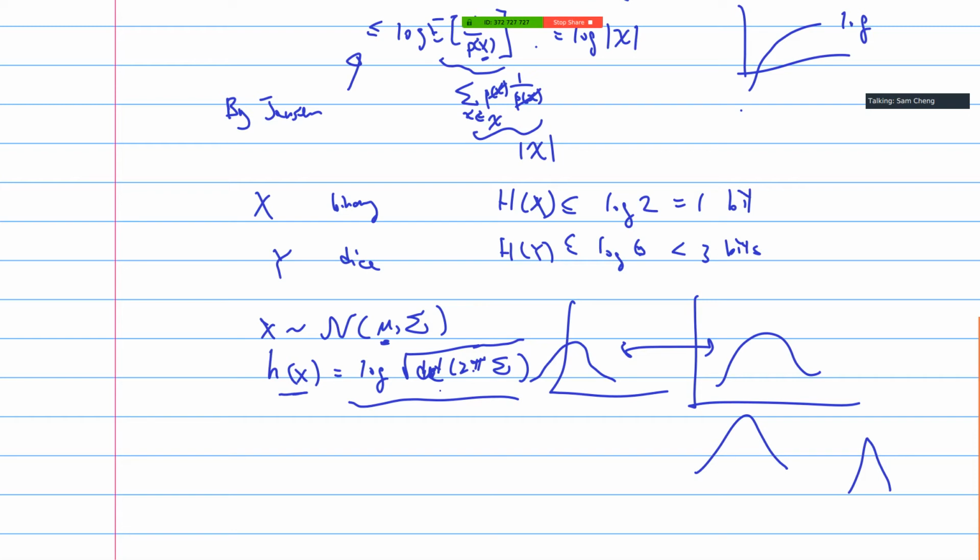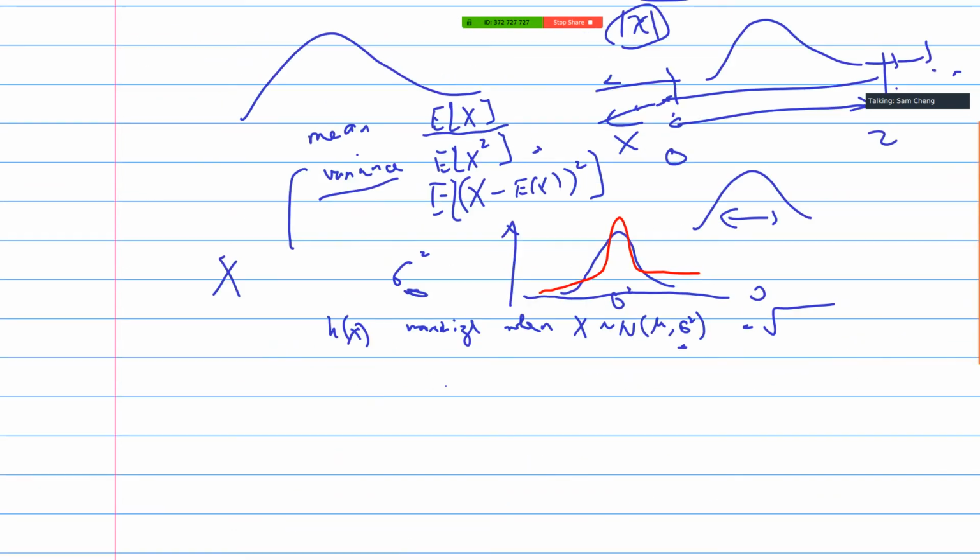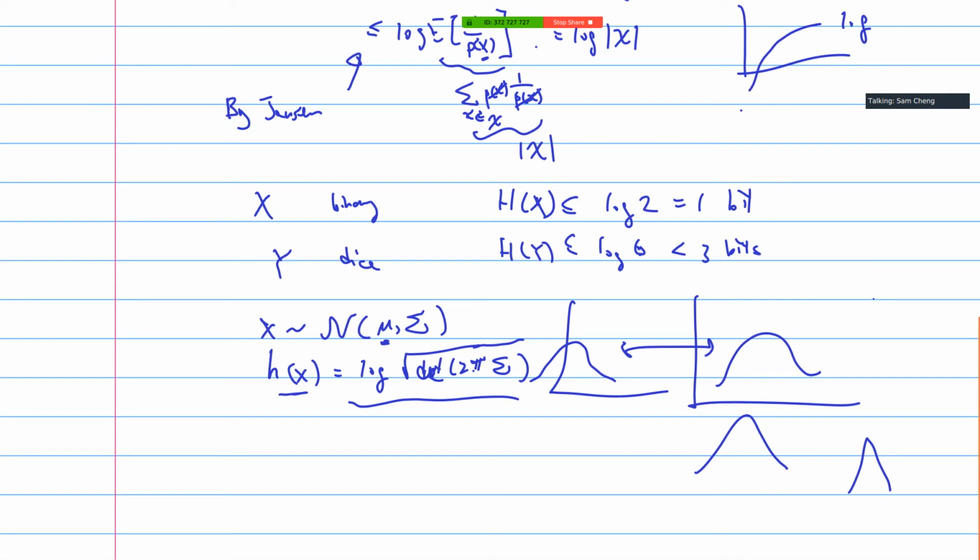Okay, log determinant of 2 pi sigma squared. If it's 1D, there's no determinant there, so just 2 pi sigma squared. I think it's missing something. That should have an e somewhere. Let's see, 2 pi e. I guess I was probably missing an e somewhere here, I think.